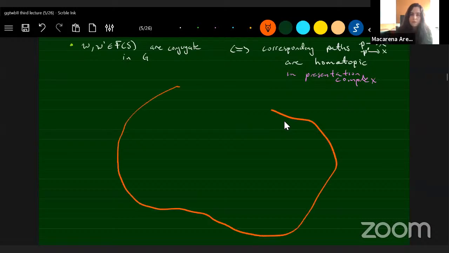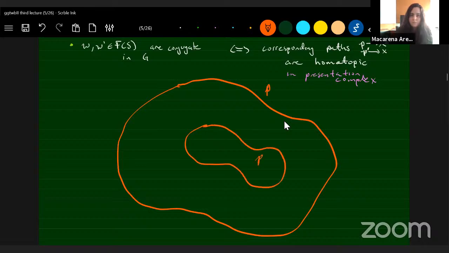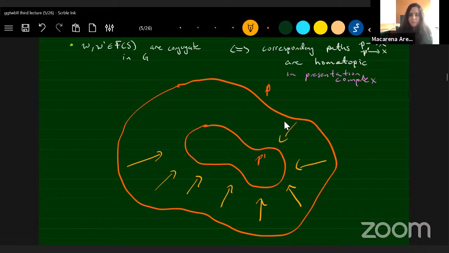Sorry, there is an annulus bounded by these two paths, P and P prime. So the annulus certifies the conjugacy between the two paths. The annulus certifies that there is a homotopy.